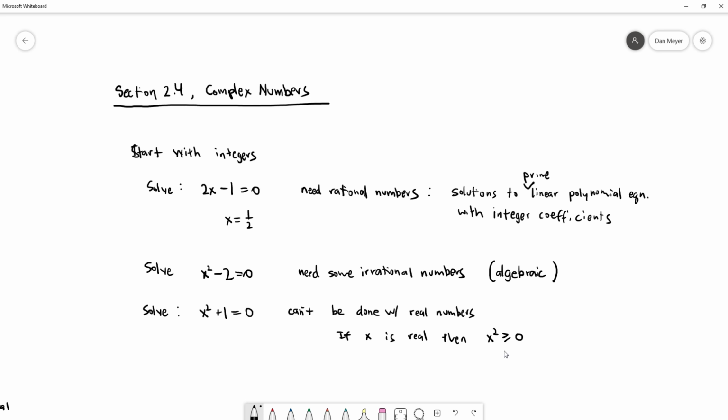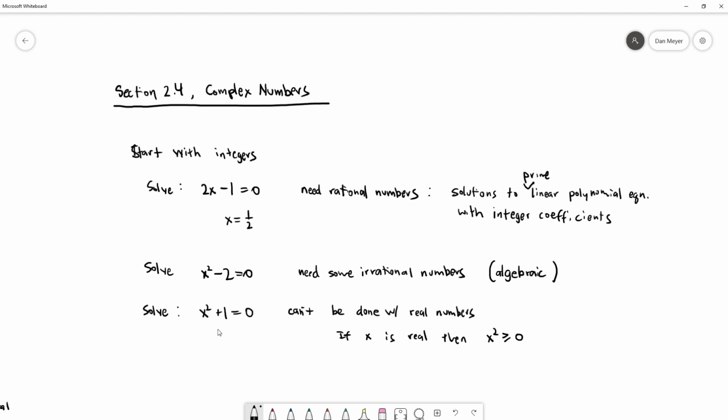Remember, take any number and multiply it by itself, you always get something non-negative. A positive times a positive is positive. A negative times a negative gives you a positive. And 0 times 0 gives you 0. So there are no real solutions to this equation.